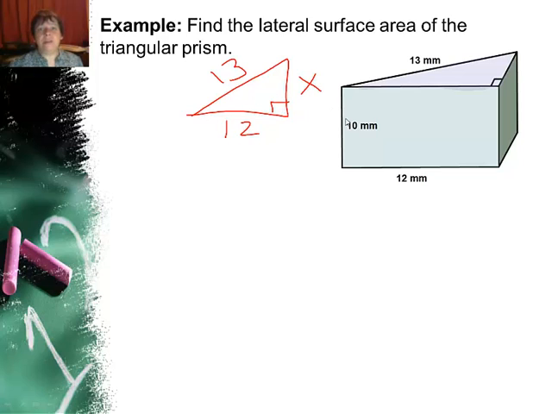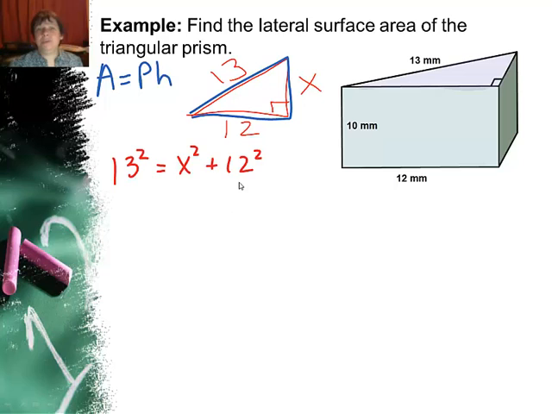I'm going to try to find the lateral surface area, which is this shape right here around the sides, not the triangle part. But this will come into play. So how do I find that again? Our formula is area equals perimeter times height. And the perimeter in this case is the distance around this triangle. That means I need to find x, this missing side.